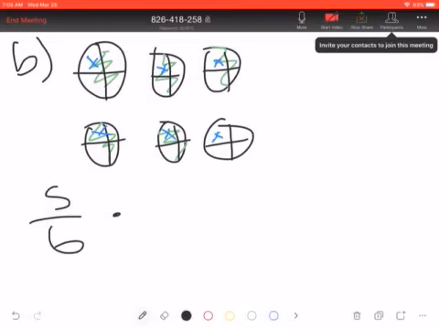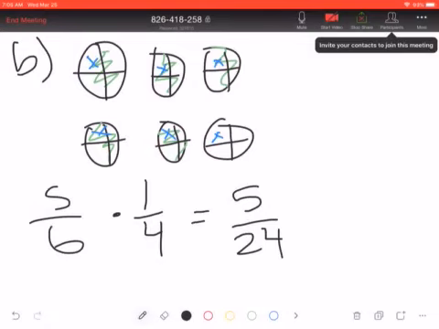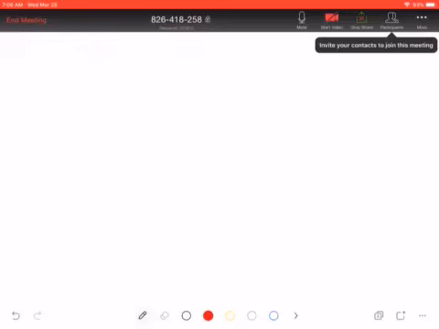So that's what we're multiplying by, 5/6 times 1/4. We've got 5/24, and you can see that right here, we can count them. There's 1, 2, 3, 4, 5 that are double counted out of 24. And that cannot be simplified. Okay, so that's 7-124. Let's take a look at 7-125.